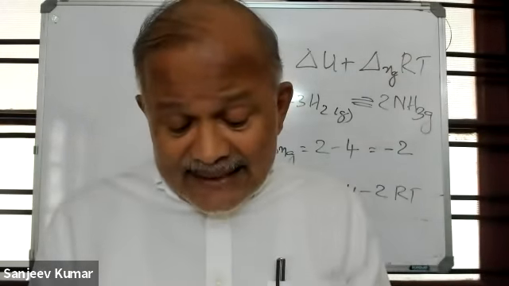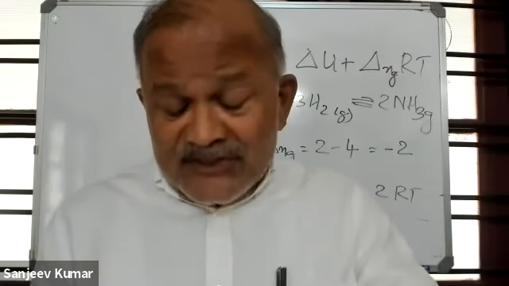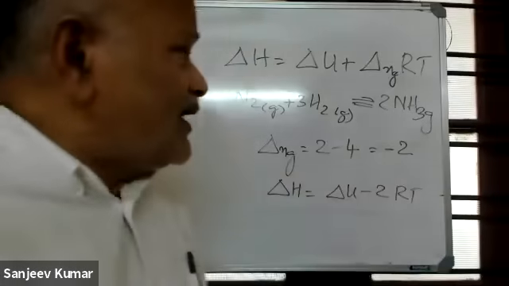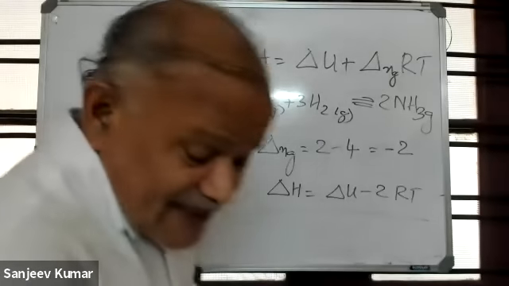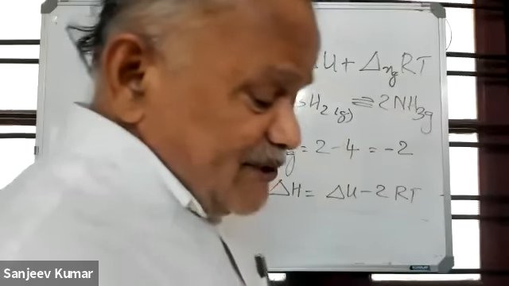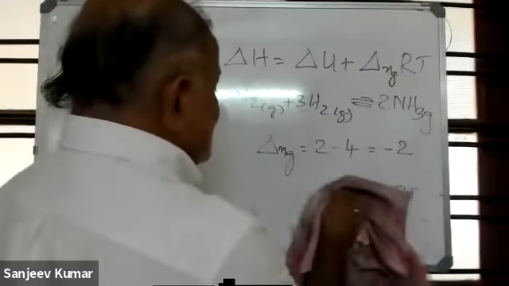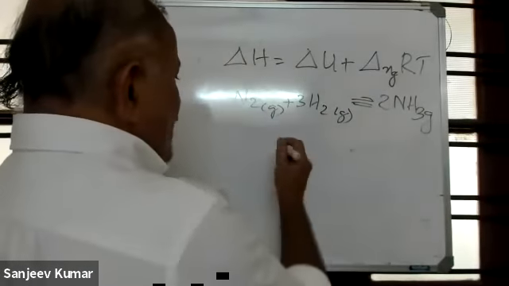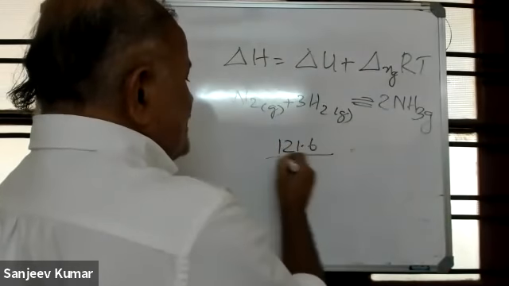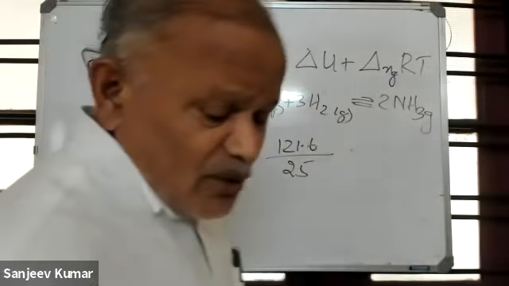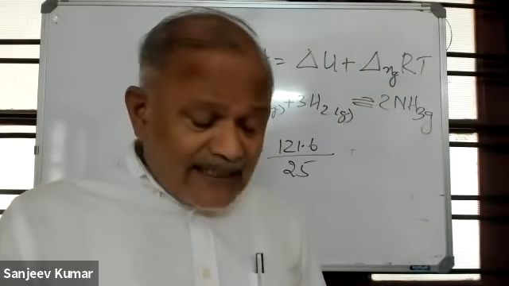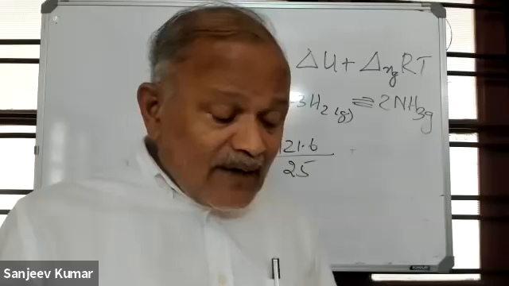And the heat required is 121.6 joule. Now, what is the heat required to raise the temperature of 1 gram of ethylene glycol through 2 degrees Celsius or 2 degree Kelvin? It is equal to 121.6 by 25. This is the heat required to raise the temperature of 1 gram of ethylene glycol through 2 Kelvin.